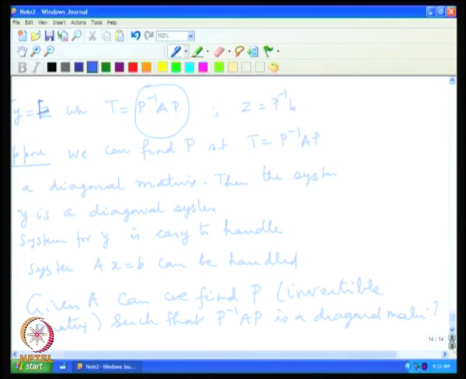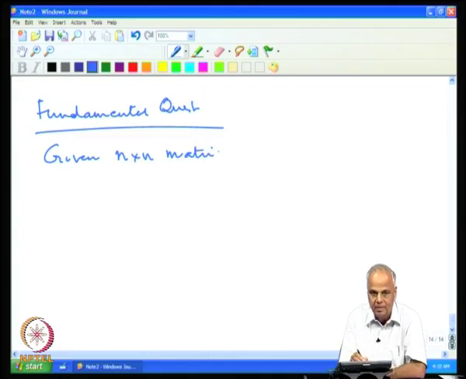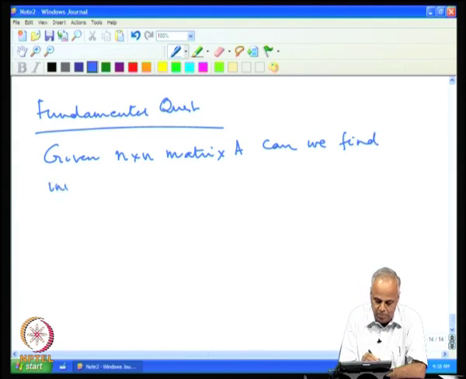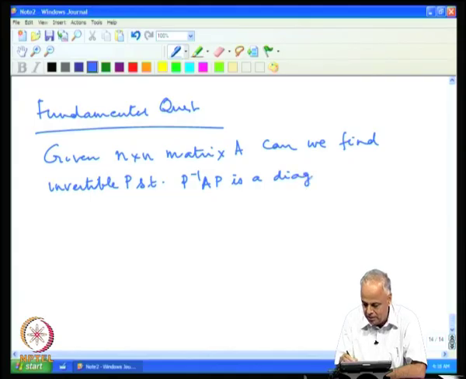If it does, can we find an invertible P such that P inverse A P is a diagonal matrix?